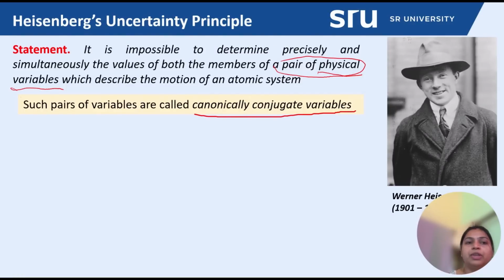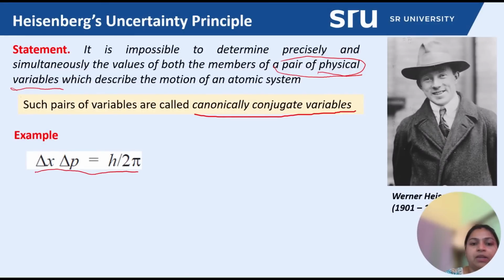If we want to measure position and momentum simultaneously, what error will we get from this principle? For example, delta x into delta p is approximately h divided by 2 pi.